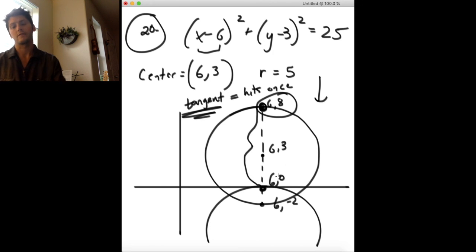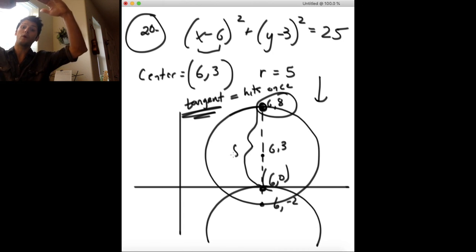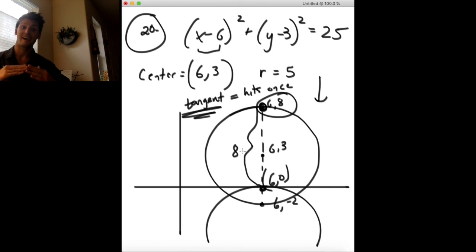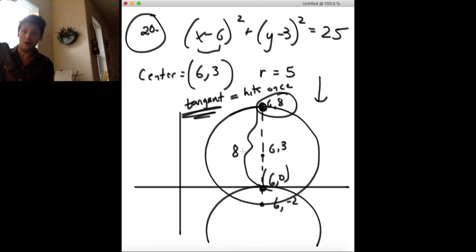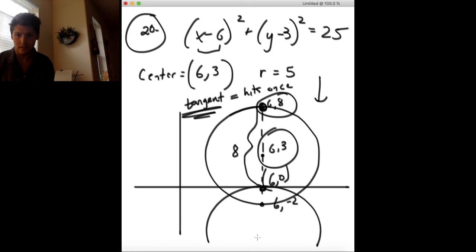That's 8 units, because we want the top of that circle to hit the x-axis once. So we need to move the top point of our circle all the way down to 6, 0, 8 units. Well, that means our center 6, 3 moves down 8 units to 6, -5.